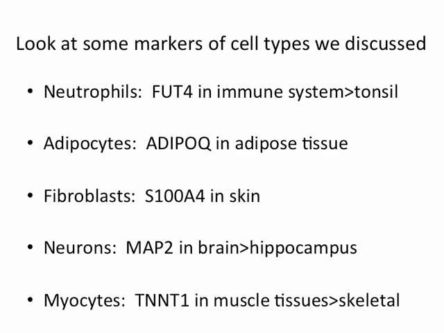You can look at some people's tonsils and see the different patterns. I picked that one because you should be able to see a couple of examples of apparently multinucleated cells, that funny nuclear shape of the neutrophil, so you can look around and zoom in. AdipoQ is for adipose tissue. You'll see that staining. S100A4 for the skin, MAP2 in the brain and hippocampus, and then troponin T1 for muscle tissues and skeletal.